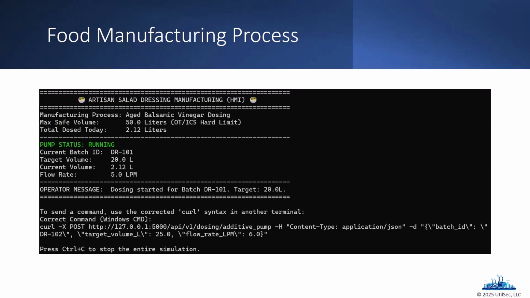I'm a big balsamic vinegar guy. And we actually have this interface and kept it really simple. It's all text based, but you can interact with it and see the commands you're submitting to kick off that process in OT for manufacturing.